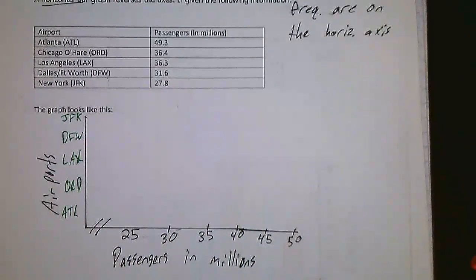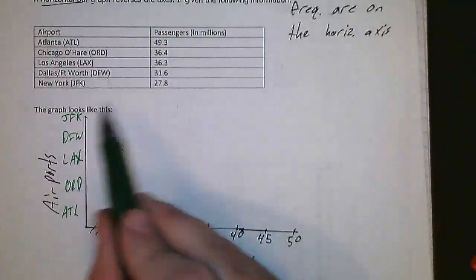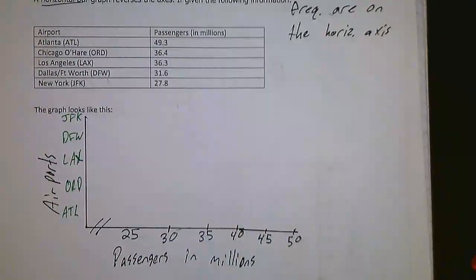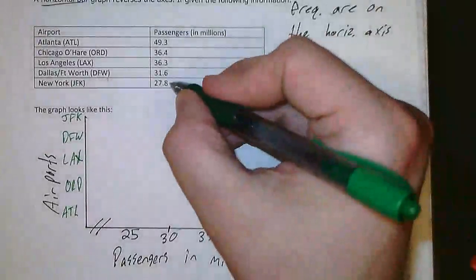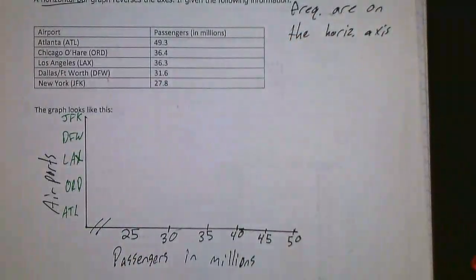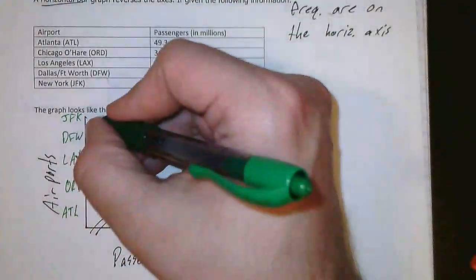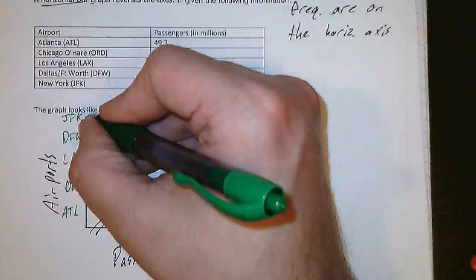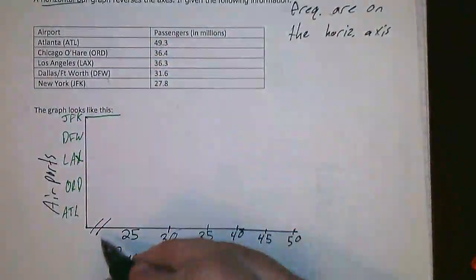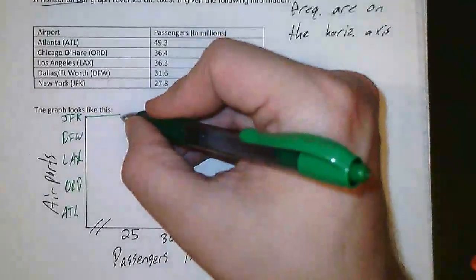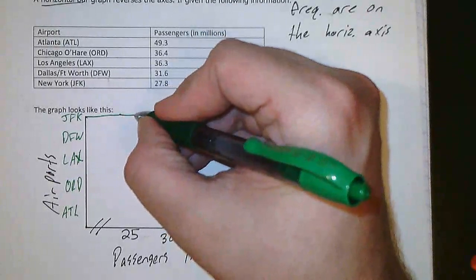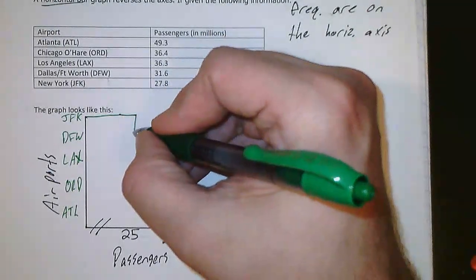So let's start at the top, JFK. 27.8 million passengers flew out of JFK. So we start at not really 0, but the double slashes, and we end just past 25 million.